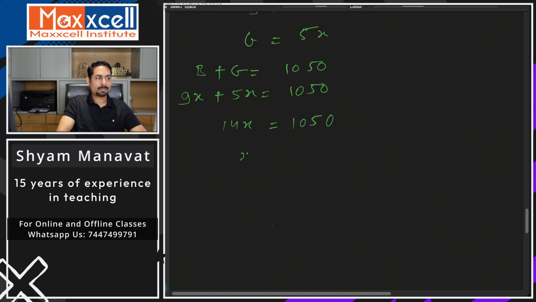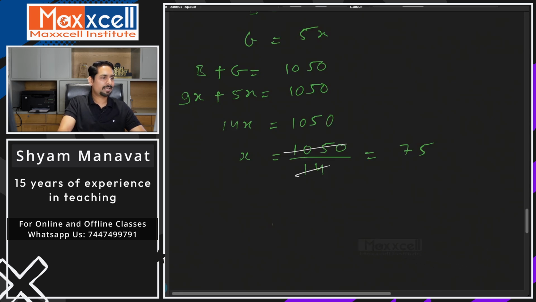That's how we get the common multiple, x equals 1050 by 14. If you cancel, you get 75. We did the calculation a while ago. So this common multiple is 75.